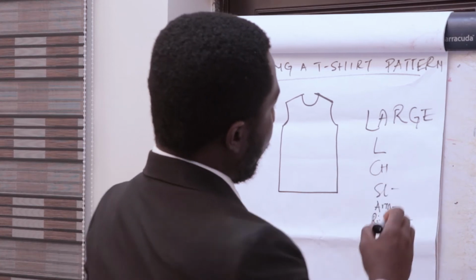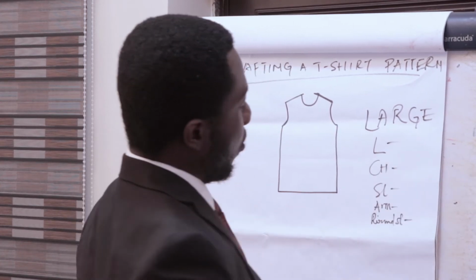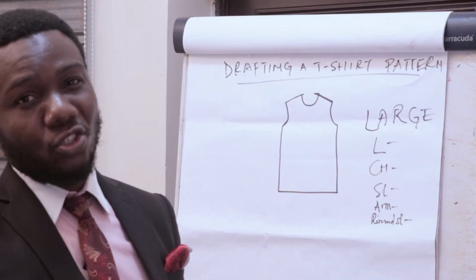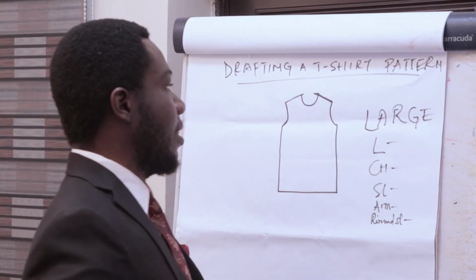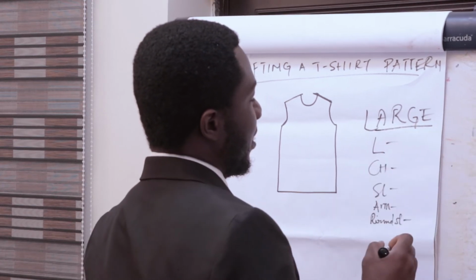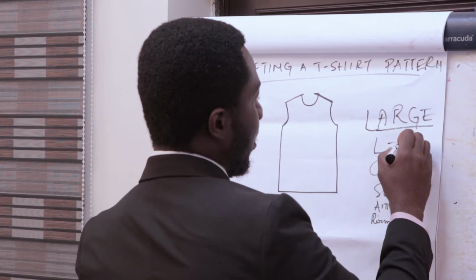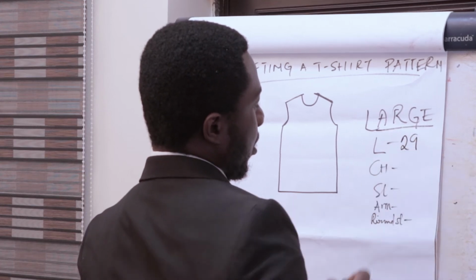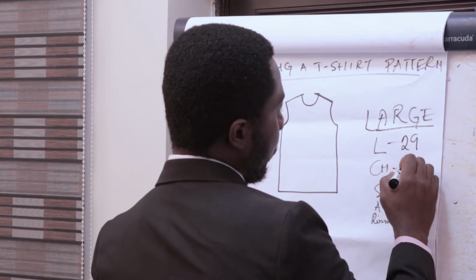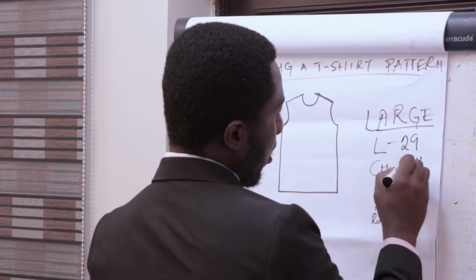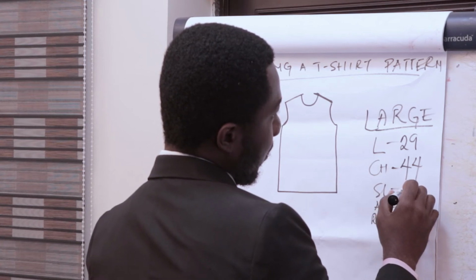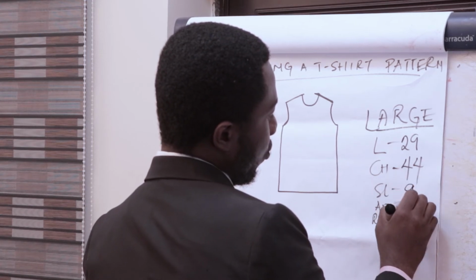So for purpose of ease, what we are going to be cutting is short sleeve length. For the length of a large t-shirt, what you have for the length is about 29. The chest would be 44, and then the sleeve would be 9 inches.